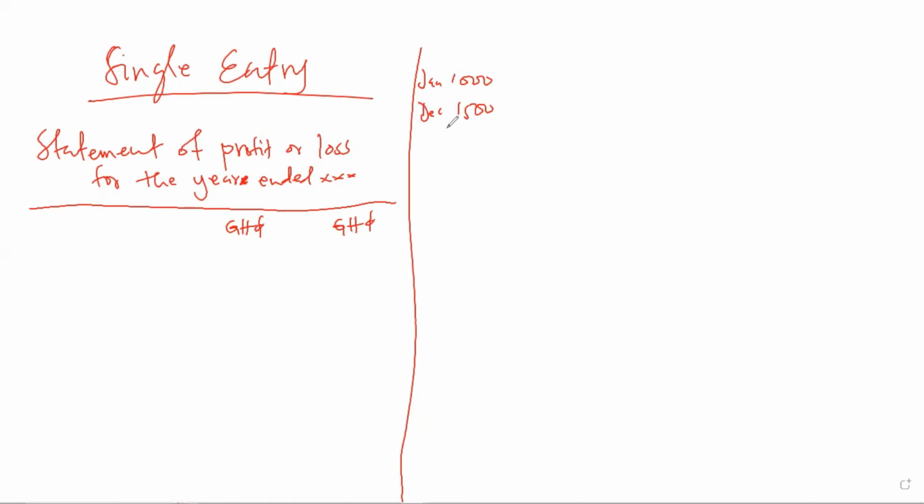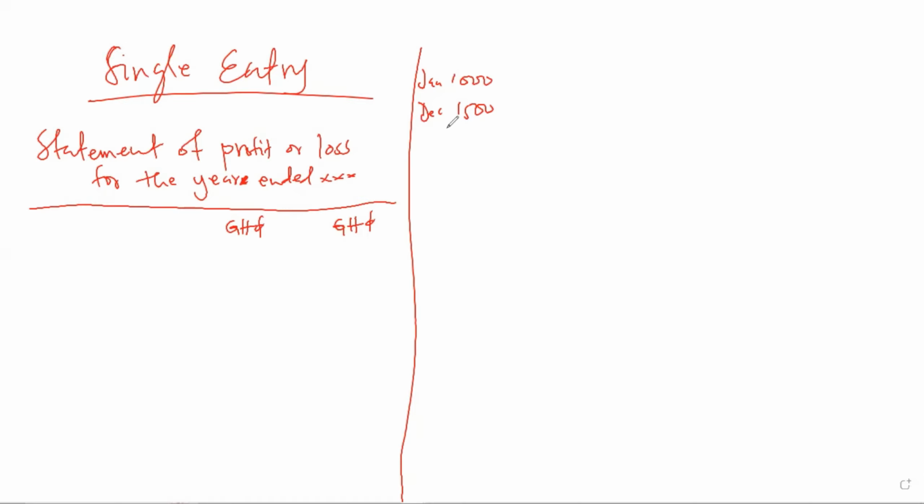During your transactions in the business, you made single entries. Therefore, it is going to be very difficult for you to determine your profit for the year. But all you know is you started the business with 1,000 Ghana cedis, and at the end of the year, you have 1,500 cedis.